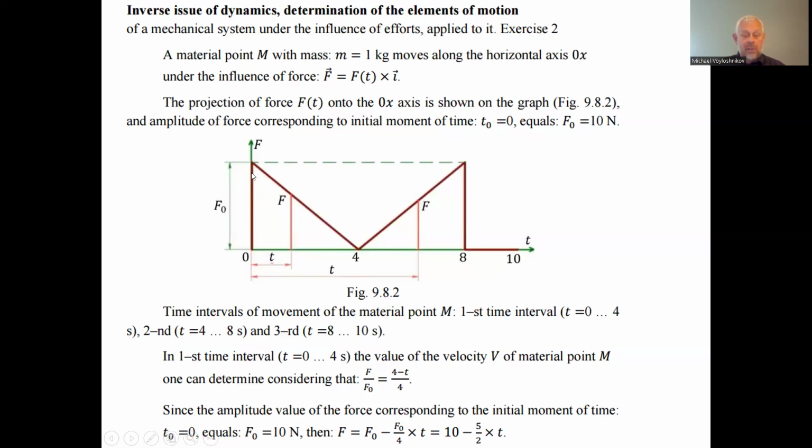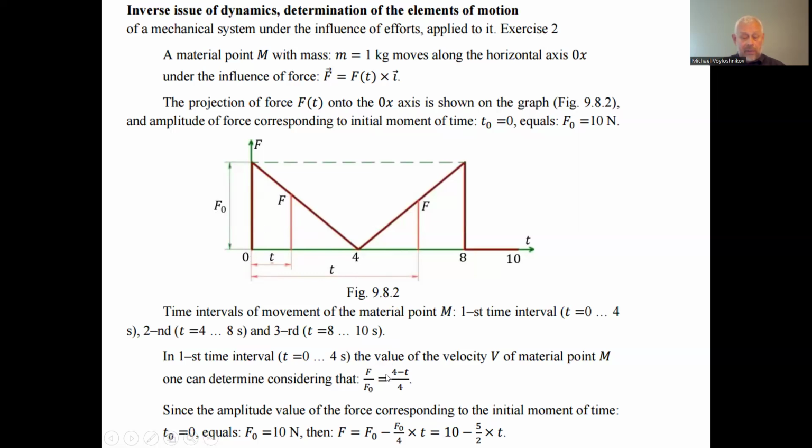This is the force F0 at 0 time. At time 4, we have the 0 magnitude, and at time t we have the force F. So 4 minus t is a leg of this internal right-angle triangle, and 4 is the leg of the big triangle.